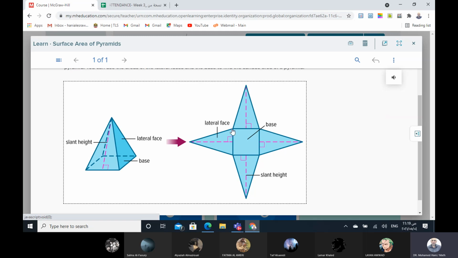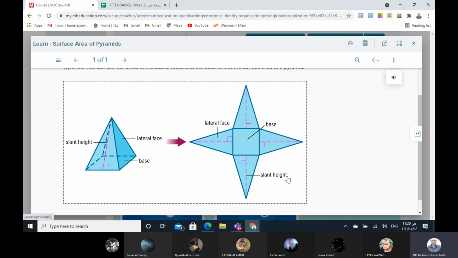The name of the face here is lateral face. As you see inside each face, we have a height. The name of the height will be slant height. So the name of the face will be lateral face, and the name of the height inside the face will be slant height.